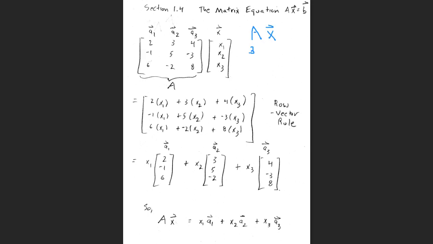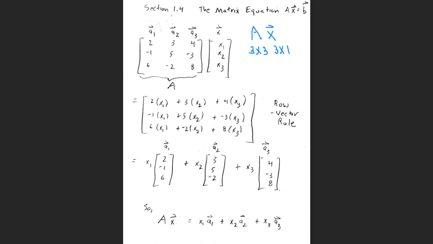The matrix A has 3 rows and 3 columns. The vector x has 3 rows and 1 column. So really what you're doing here is a matrix multiplication. You're taking a 3 by 3 matrix A and multiplying it by a 3 by 1 vector x.